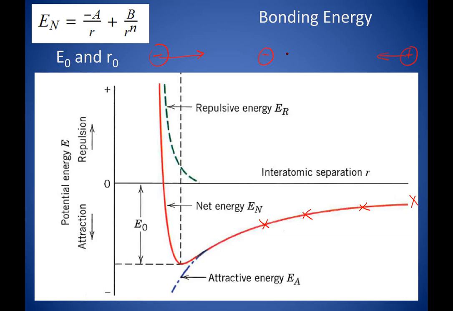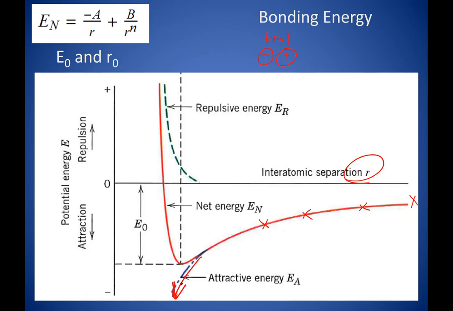If these particles get very close, and I should say that this separation between the particles is R. That's what we've got plotted here on our x-axis. As they get very close, that attractive energy starts to become very negative.